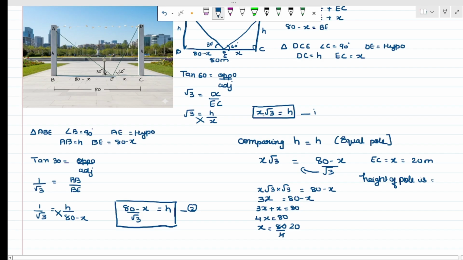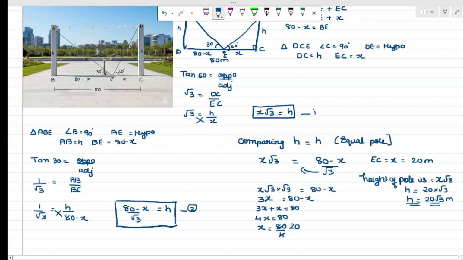I am taking the first equation, which is x under root 3. So my h will be equal to 20 multiplied by root 3. That means I got my value of h as 20 under root 3 meters. Yes, I got the height of the poles.